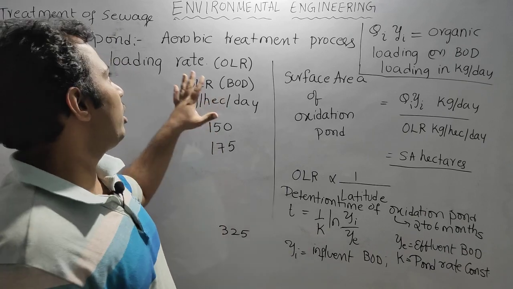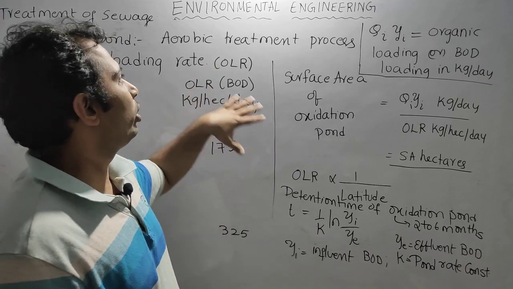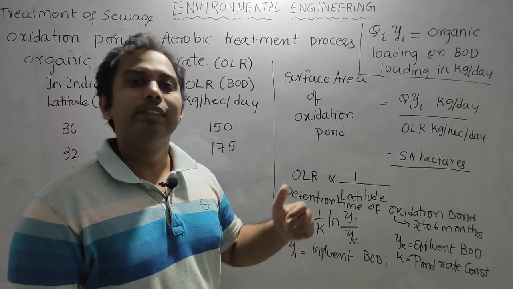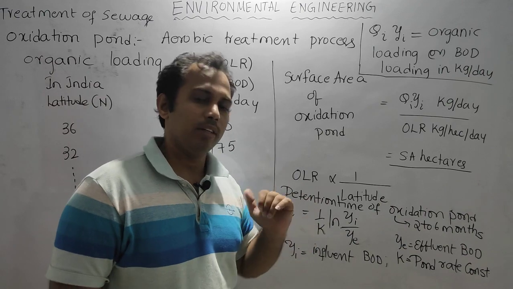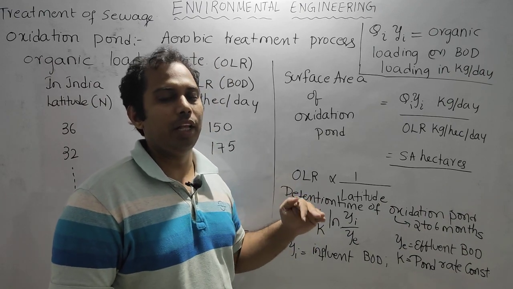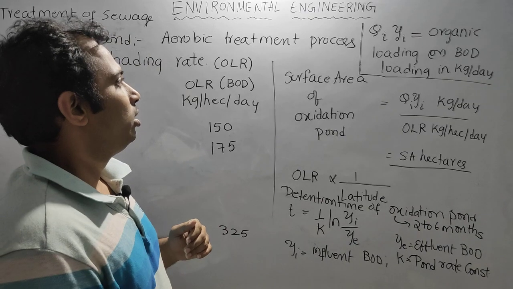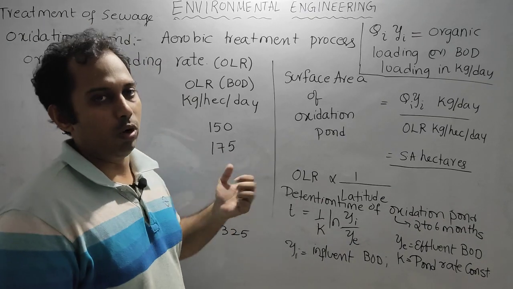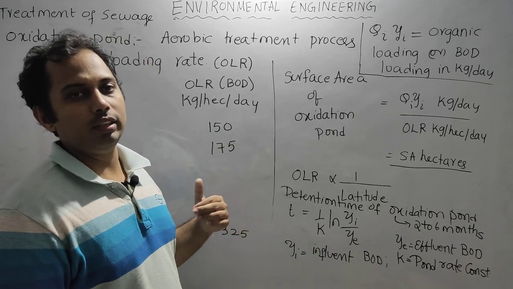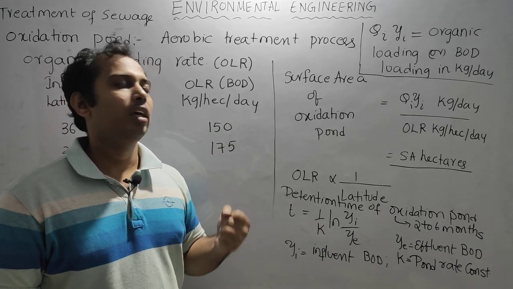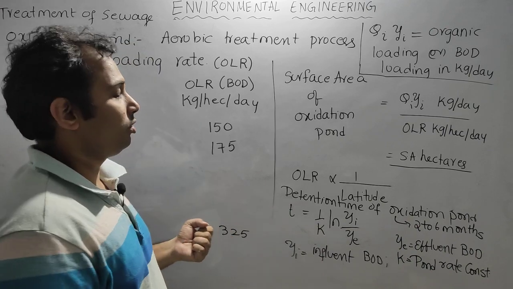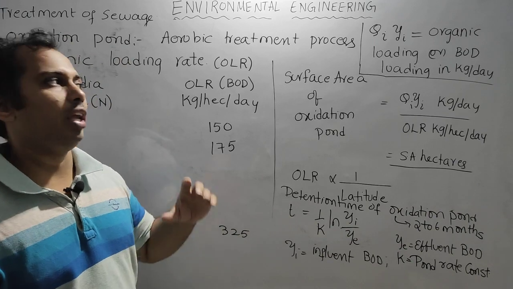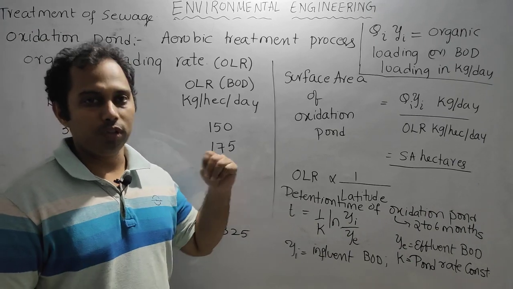So far we have been talking about the aerobic treatment process in the oxidation pond. There will also be an anaerobic nature present in the oxidation pond. When we are treating industrial water, these industries generally construct an anaerobic oxidation pond inside the industry, generally having a depth of 2.5 to 3 meters.